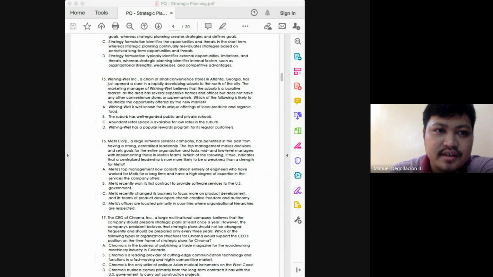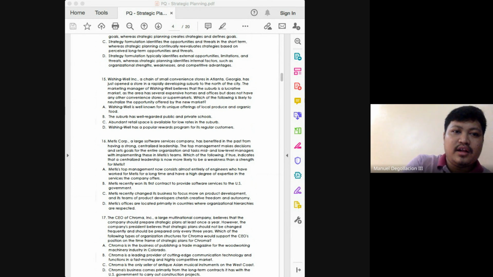Okay, here is an example wherein you will have to analyze. You have an opportunity since you have a growing market. You're asked which of the following is most likely to neutralize the opportunity. The best answer here would be letter C, because there is abundant retail space available at very low rates.